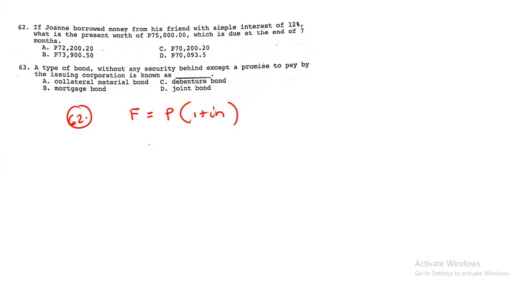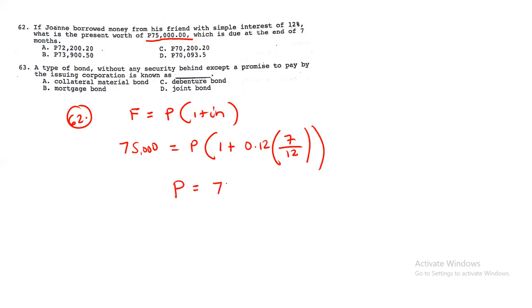So, ang future worth natin, 75,000. 75,000 equals P times 1 plus 12% times 7 months divided by 12. Makuha natin present worth dyan is 70,093.5. So, the answer is letter D.